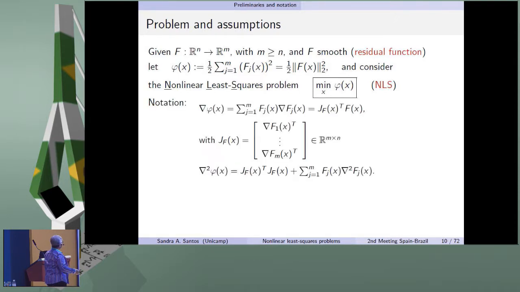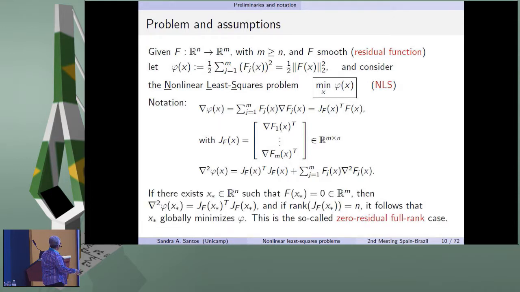Because of the smoothness of the residual function, the problem has a very nice structure. Here you see the gradient of this function, in which we use the Jacobian matrix denoted by J of f, and also the Hessian matrix that has this very nice structure. This separable structure in which we have first-order derivatives and the second-order derivatives here.